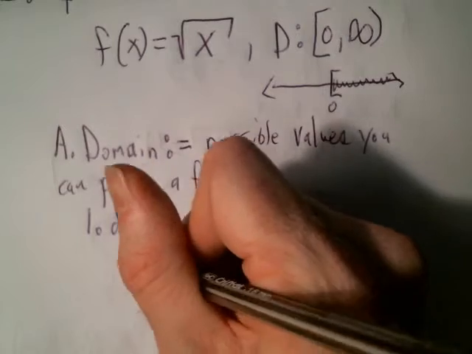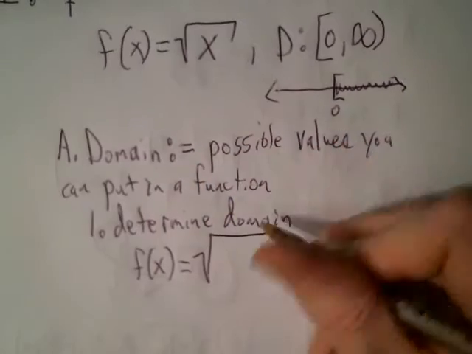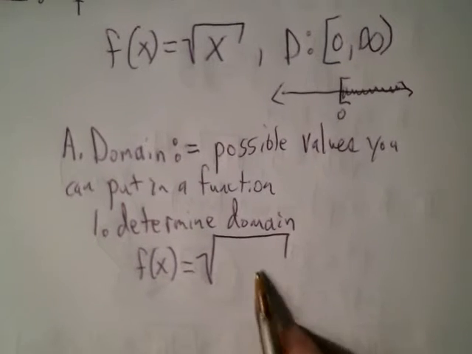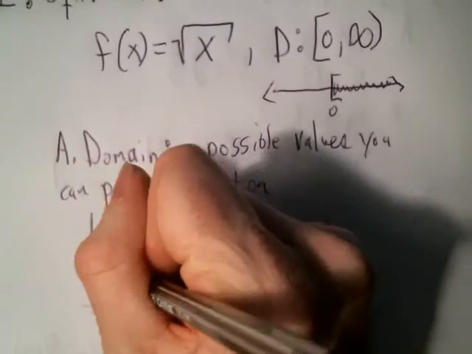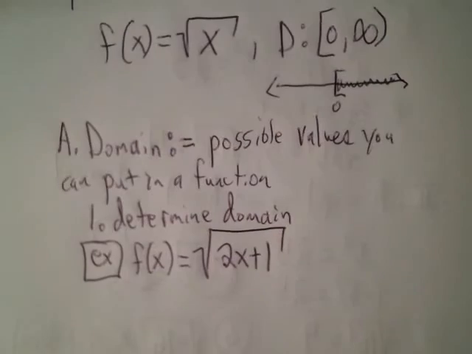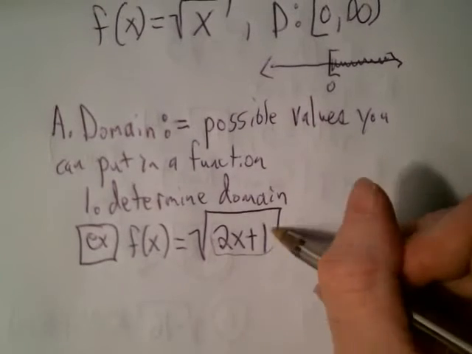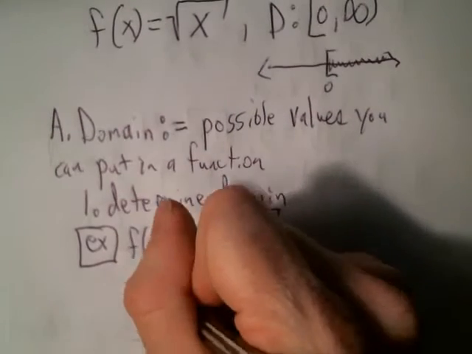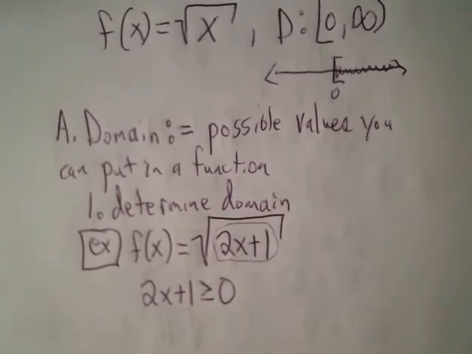So if you have some function of x, and inside of here you have a bunch of stuff, like maybe 2x plus 1, this is an example of me determining the domain. I have to take this stuff right here and make an inequality with 0. I need to make sure that 2x plus 1 is greater than or equal to 0.